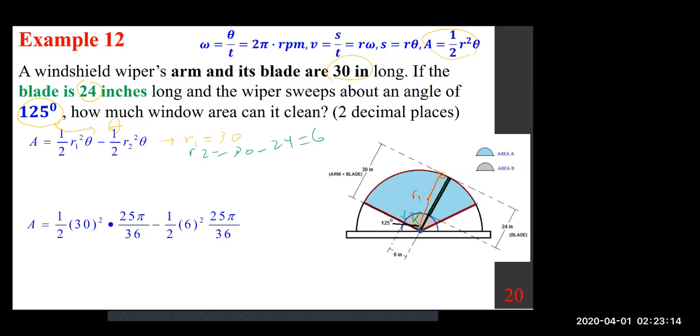Now, 125 degrees, we can calculate using the process, and it becomes 25 pi over 36, class. In other words, using d over 180 is pi over r, and replace the d with 125 degrees.